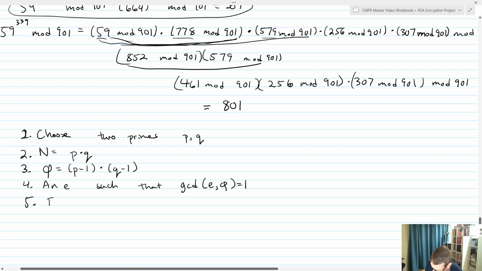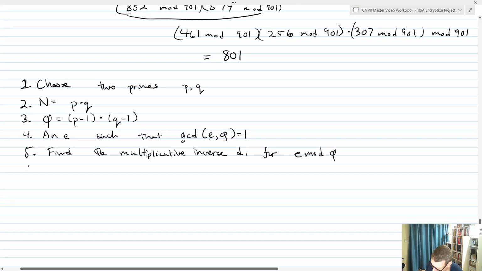5, right? Find the multiplicative inverse D for E mod phi. So then we're going to go find our multiplicative inverse D, okay? That gives me 6. My public key is going to be N and E, and my private key will be D. Okay, so there we go.